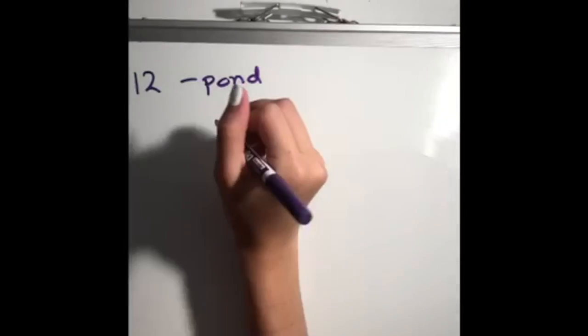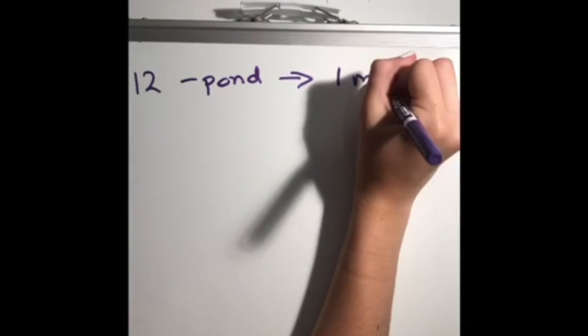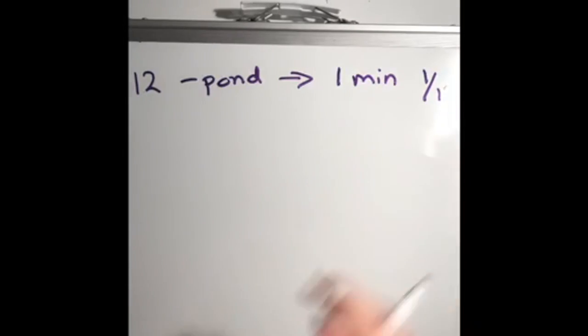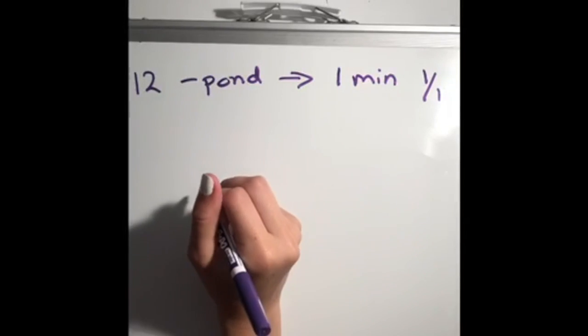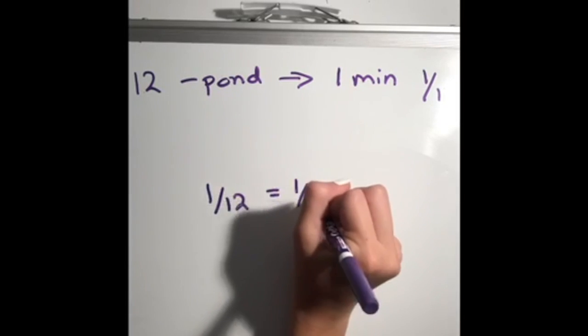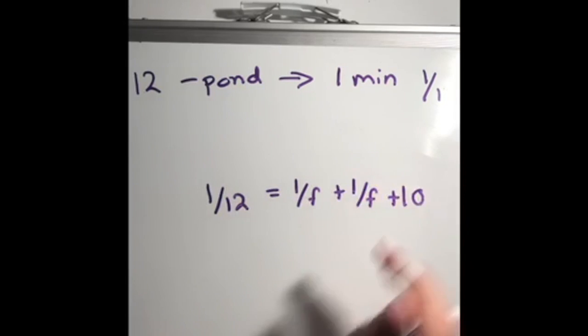So in 1 minute, both of the hoses will fill 1/12 of the pond. So now our new equation is 1/12 equals 1/f plus 1/(f plus 10).